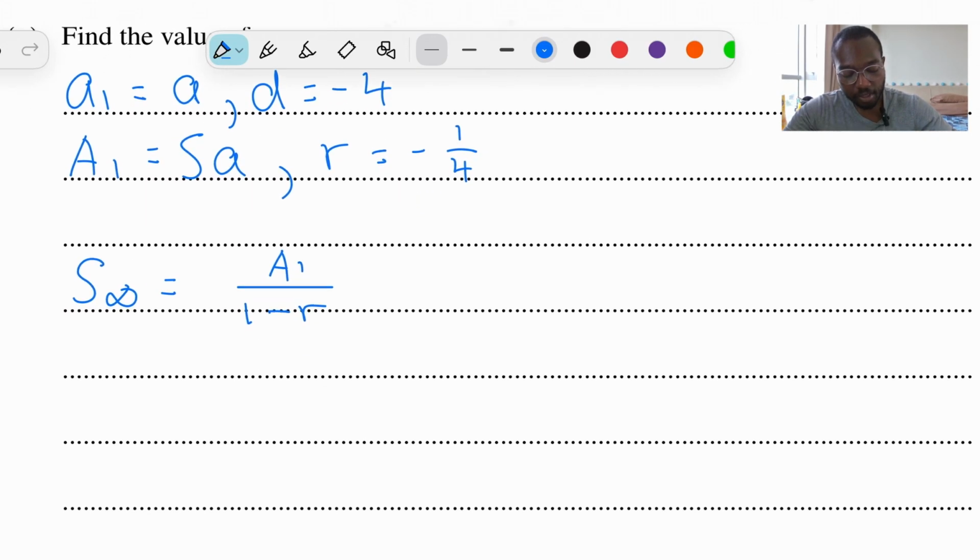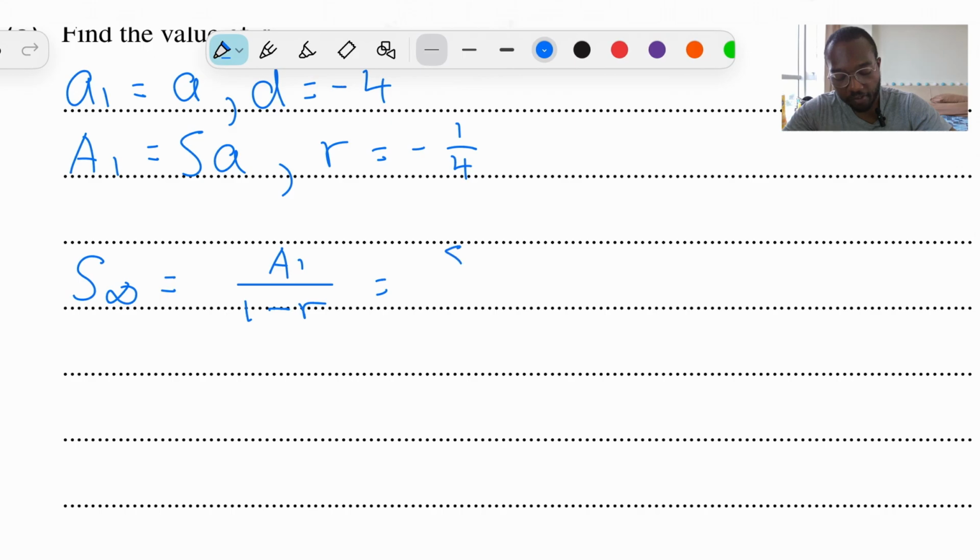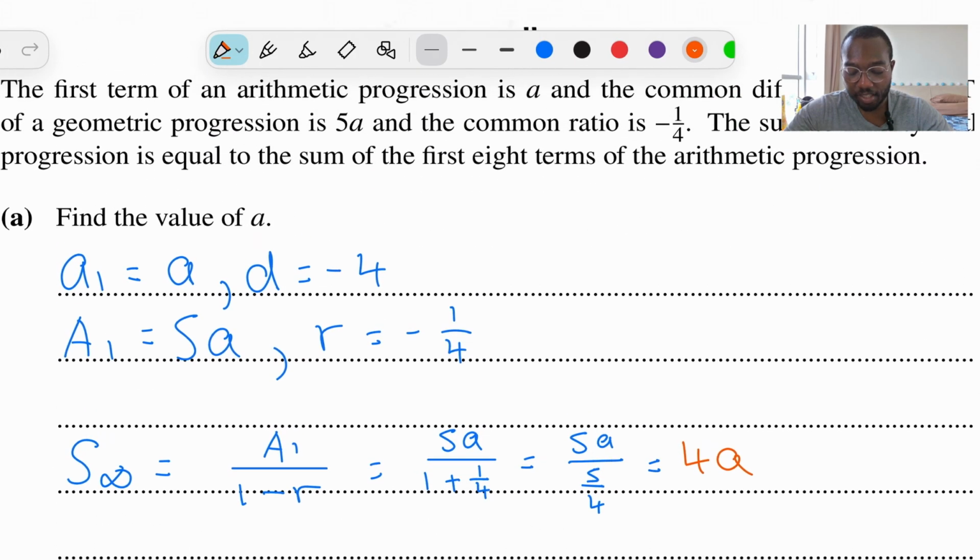And if we work this out, we know A1 is 5a, over 1 minus minus a quarter, so that's 1 plus a quarter, and then we get 5a over 5 over 4. If you work this out, you will be left with 4a, because the 5s cancel out. So the sum to infinity for the geometric sequence is 4a, and that's equal to the sum of the first 8 terms of the arithmetic.